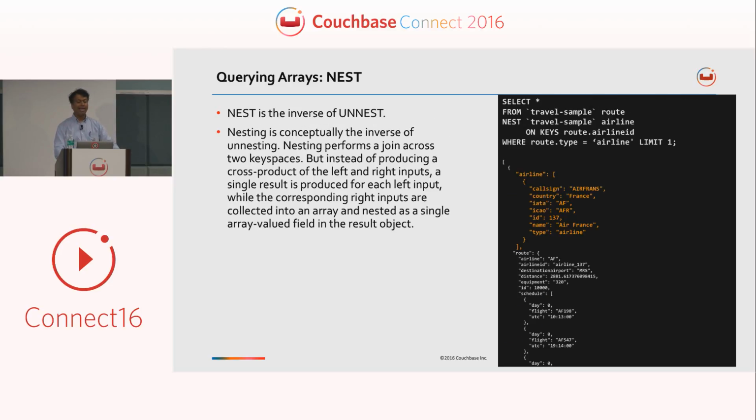Nest does the opposite. When you have two sets of objects, usually connected by some relationship, you can nest a set of values as an array into another, bigger object. In this case, I have nested the airline information into the routing information.